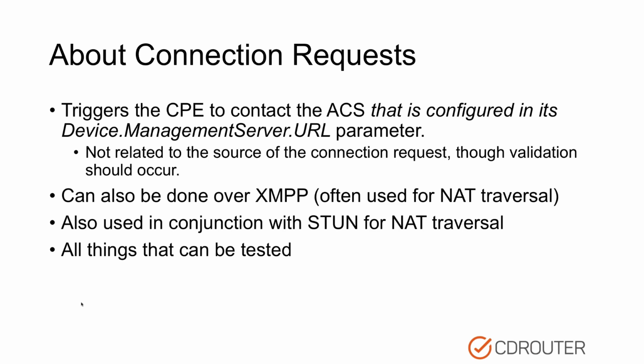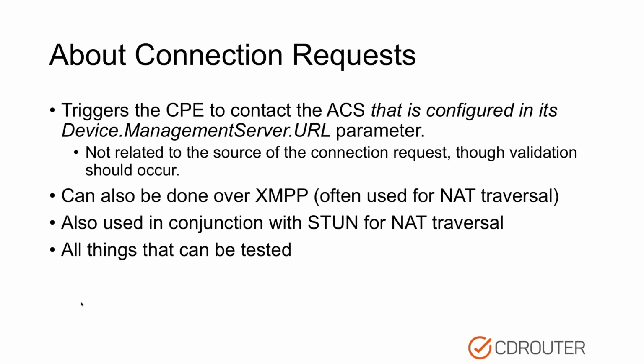So a connection request could come in from anywhere, but it'll contact the ACS that's in that parameter. And while that's a nice accidental security feature, you should still test that the connection request username and password is being validated, so there's no extraneous connection requests that could be made.